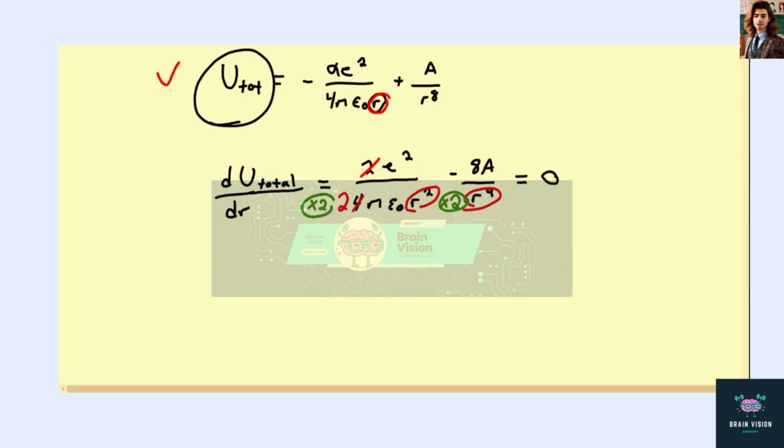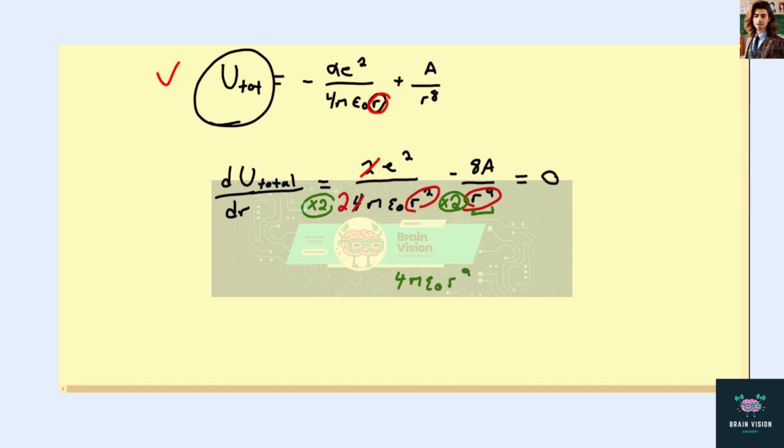And because of that, we end up with 4 pi epsilon naught r to the 9th, because we also see that this has r to the 9th.